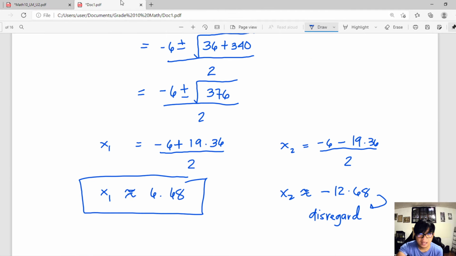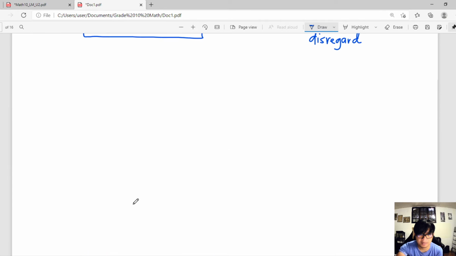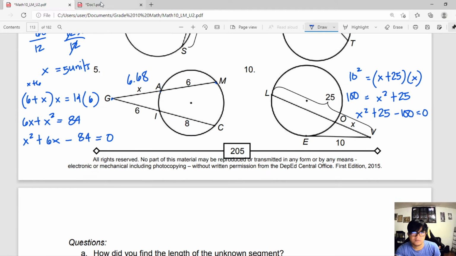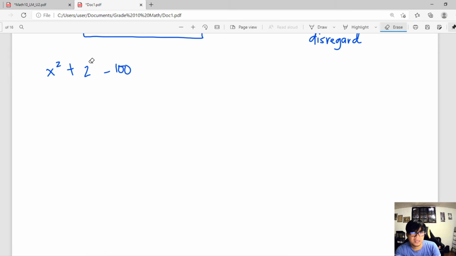So, we will have a blank sheet para ma-solve natin. So, we have x squared plus 25x minus 100 is equal to 0.